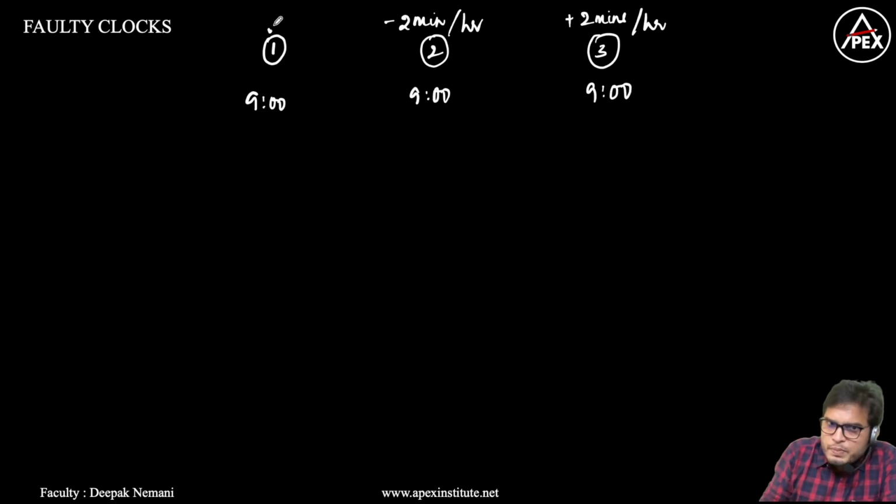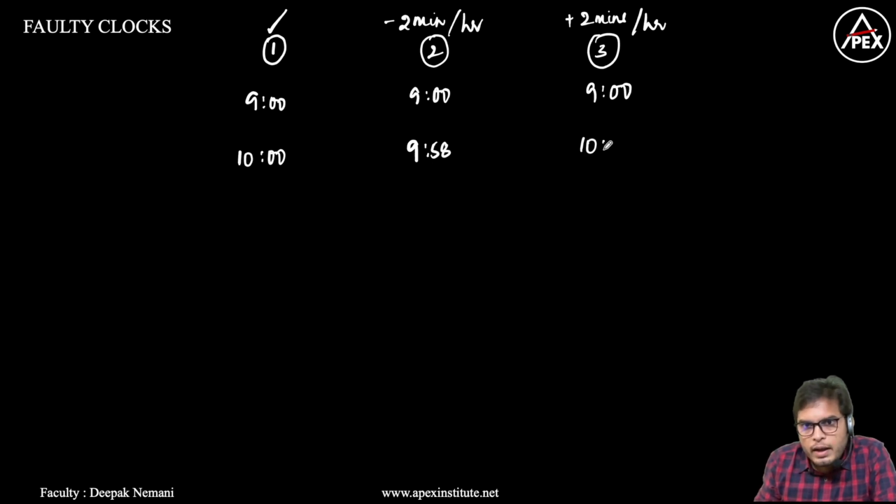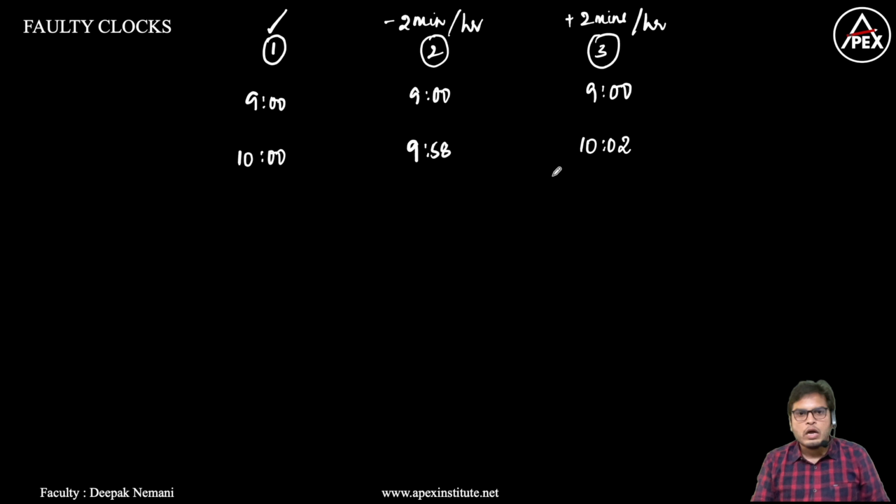Now this is perfectly fine. So after 1 hour, this clock will be showing 10 o'clock. Whereas this clock, which slows down by 2 minutes every hour, will be showing 9 hours 58 minutes only. Whereas this clock will be showing 10 hours 2 minutes. Now this is running slow, this is running fast. So losing time means running slow and gaining time means running fast.